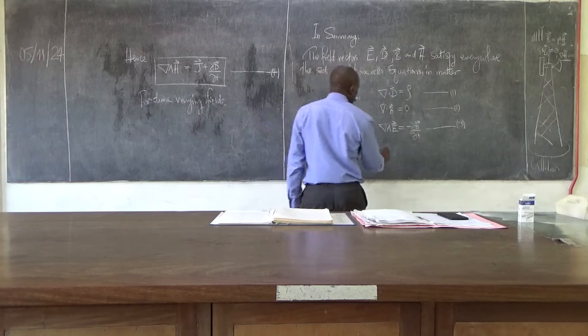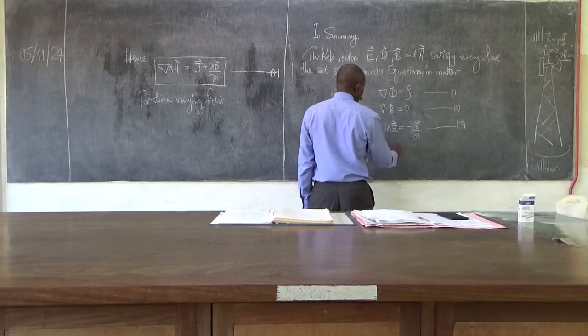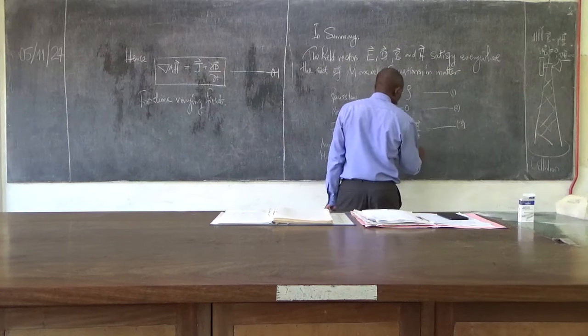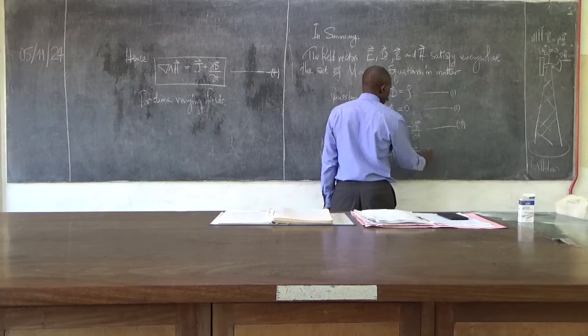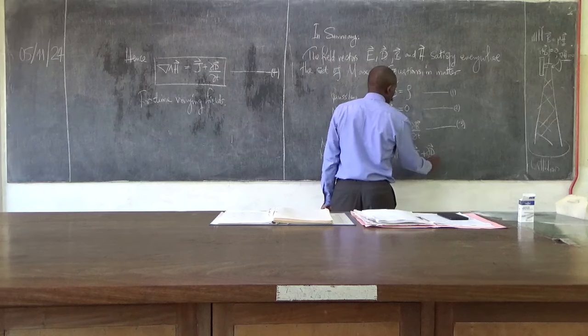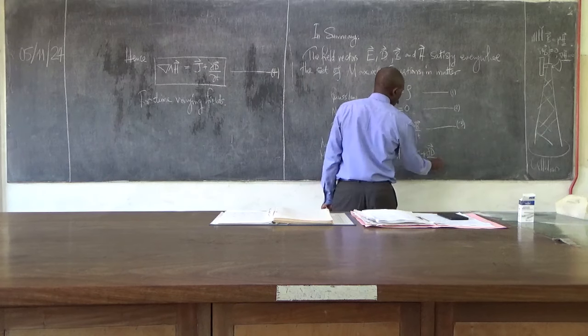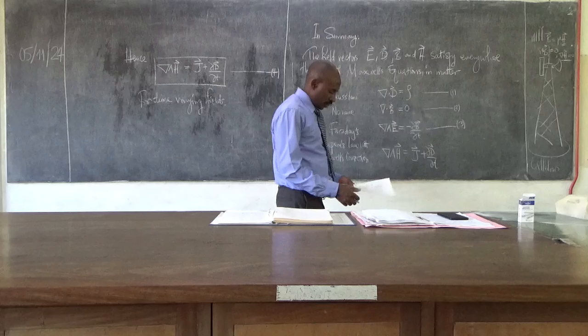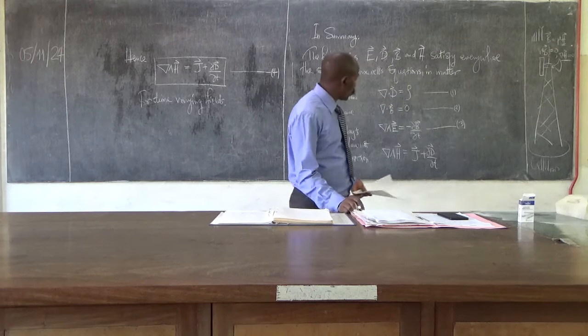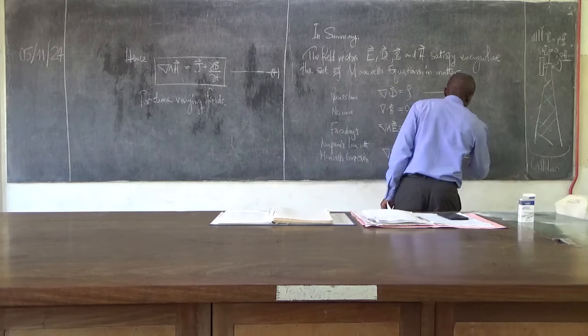So meaning that the curl of H is equal to the current density plus the rate at which you are having the electric displacement changing. So this is equation 4.